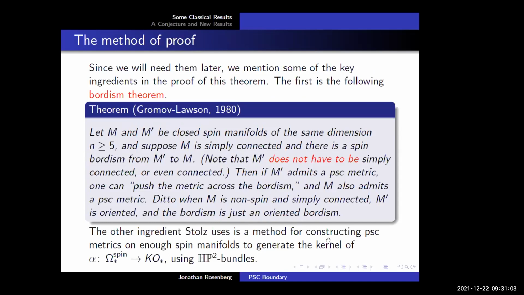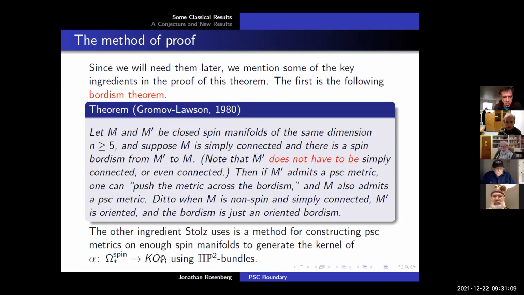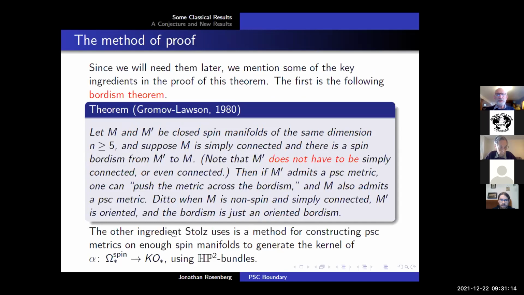So what you need is to construct PSC metrics, positive scalar curvature metrics, on enough spin manifolds to generate the kernel of the alpha invariant. You see, the alpha invariant is a spin bordism invariant. So that means it's well defined on this thing. This is the group of spin bordism classes in a particular dimension.